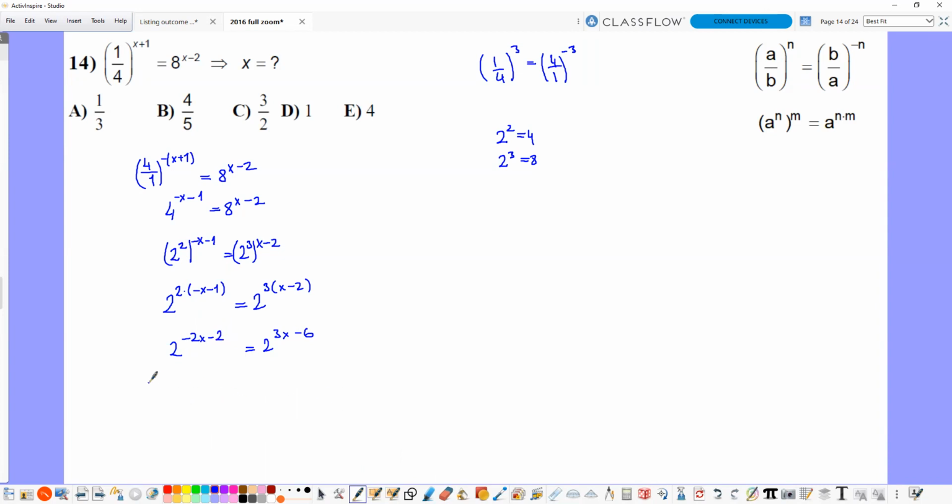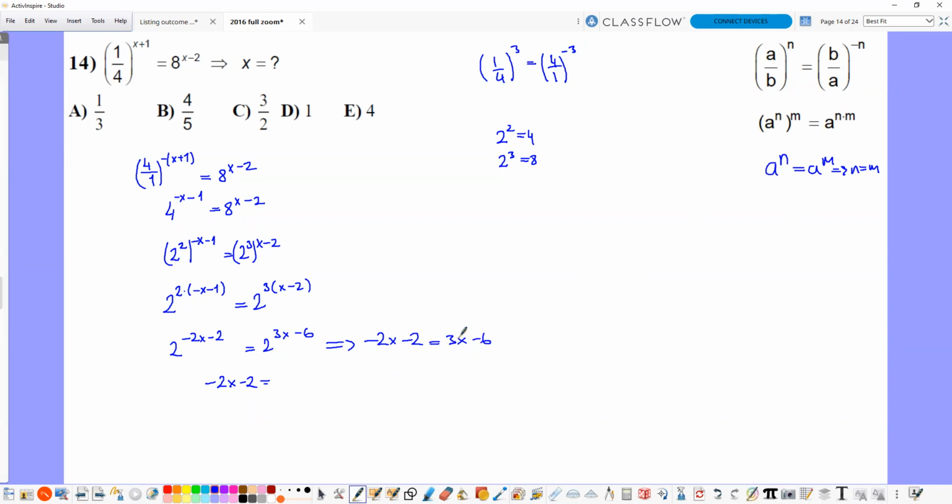When the bases are the same and the expressions are equal to each other, it means the powers are the same. I didn't write it here, but if a to the power of n equals a to the power of m, this implies that n equals m. So minus 2x minus 2 equals 3x minus 6.